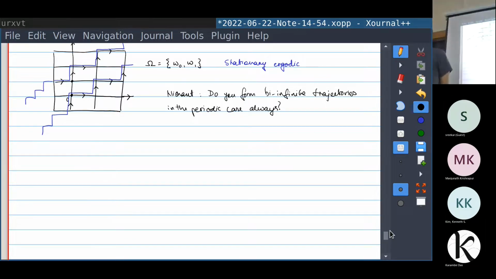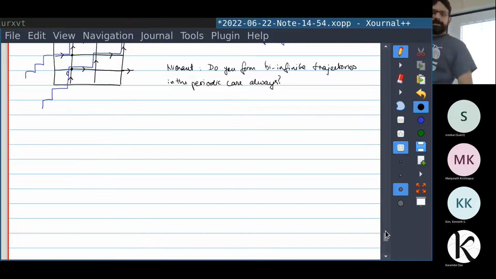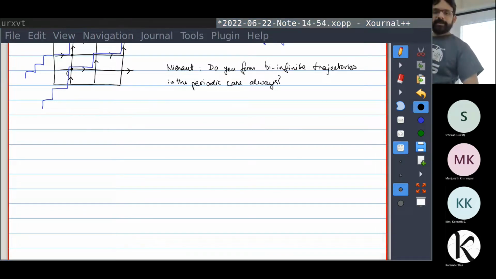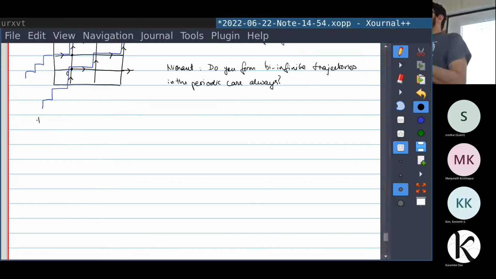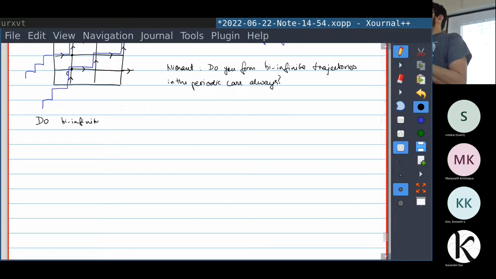I'm not sure. Okay, hold on. I think you're right, but anyway. So the question is, do bi-infinite walks exist? And the second question is, what about coalescence?